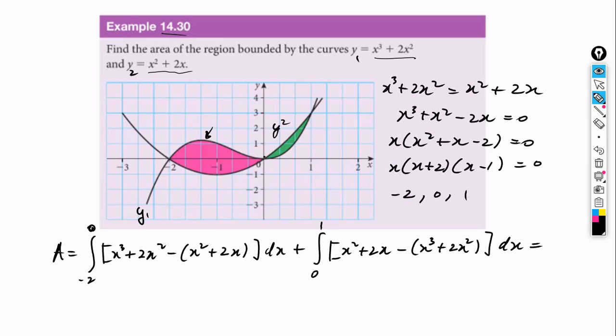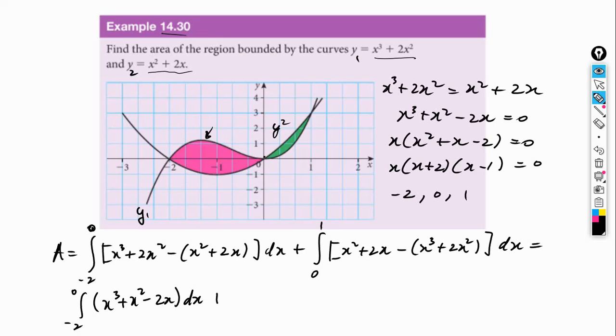So let's just do one more step here. So notice that this would be then the integral from -2 to 0 of x cubed plus x squared minus 2x.